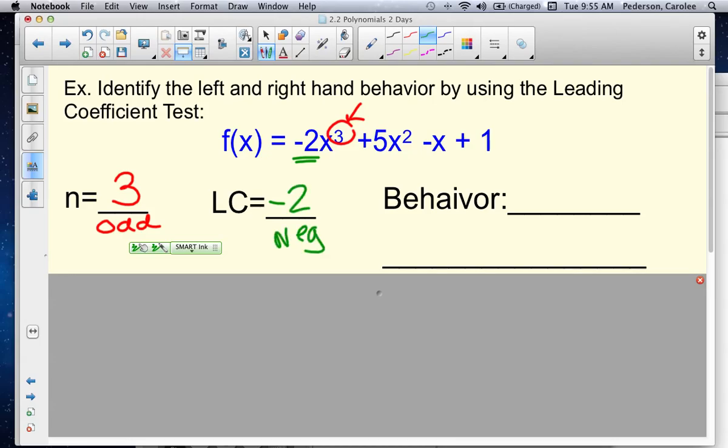Okay. So you had a chance to answer the question, what is the end behavior? Tell me where to go. What are we going to do? Rise right, fall left, or is it this one? Should we check?